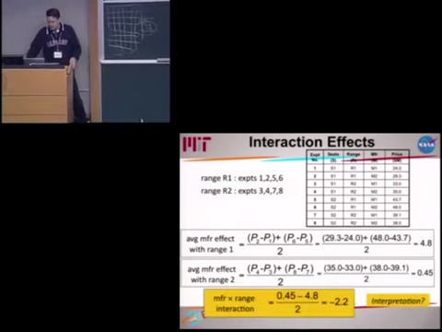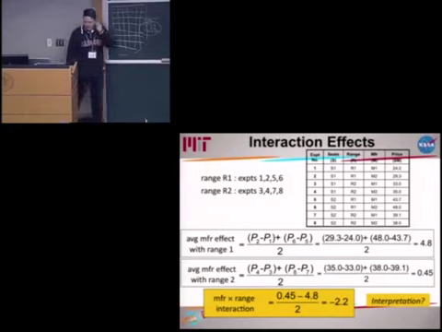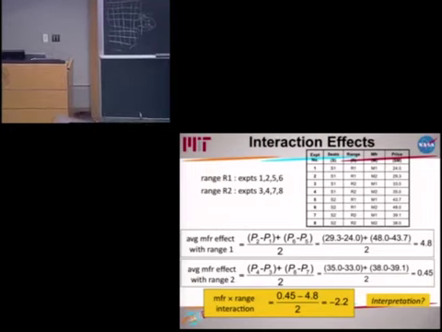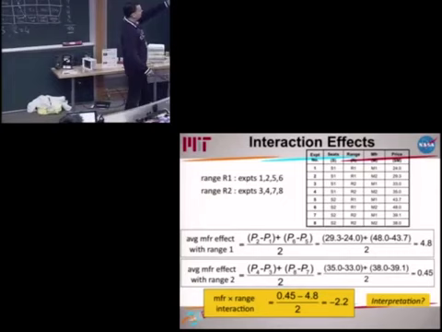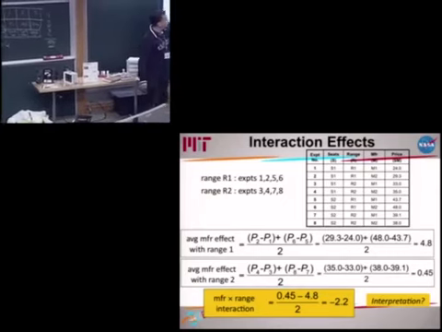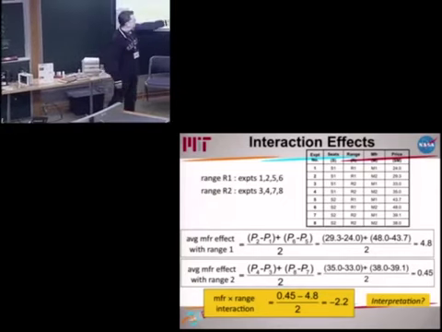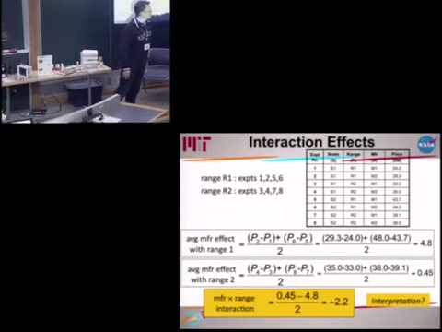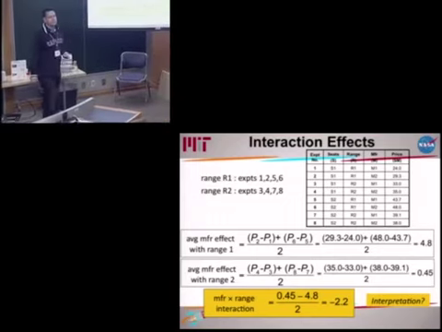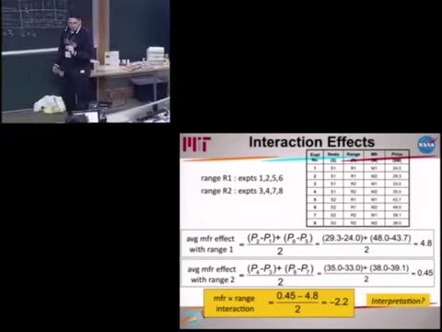So if we look at the interaction effect, essentially it's the difference at range 2 minus the difference at range 1, divided by 2, the average, right? And this is minus 2.2 million, right?